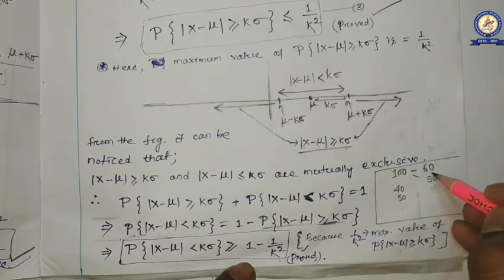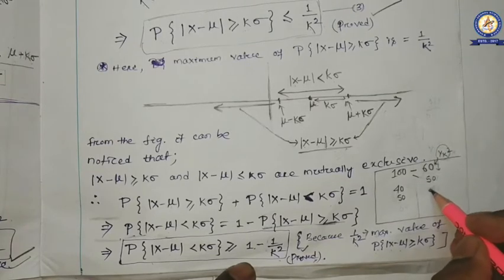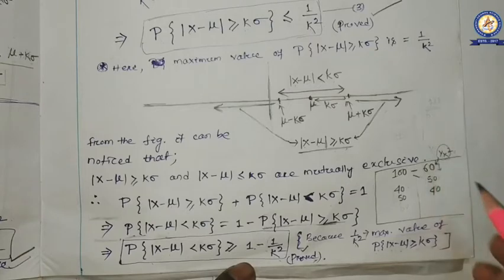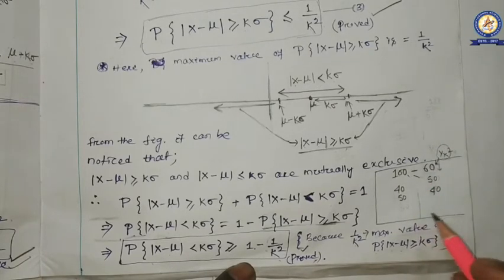Now consider another value of 1 by k square. This is the value of 1 by k square. Now consider another value of 1 by k square, which is less than 60, and if I subtract 100 minus 40, I am going to get 60.